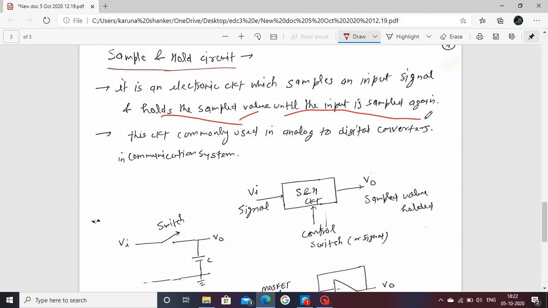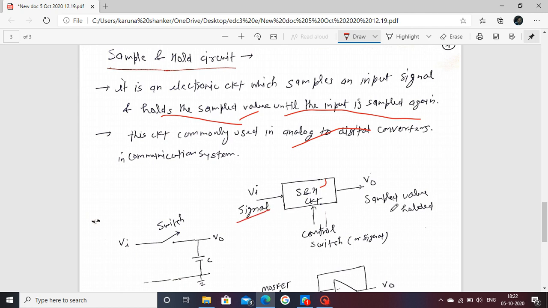The first procedure is sampling. This sampling circuit is commonly used in analog to digital converters in communication systems. This is the sample and hold circuit, just a block diagram. We apply an input signal as an analog signal.